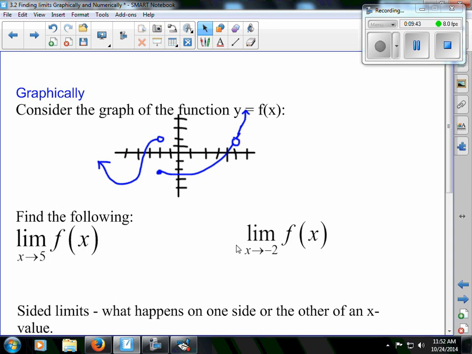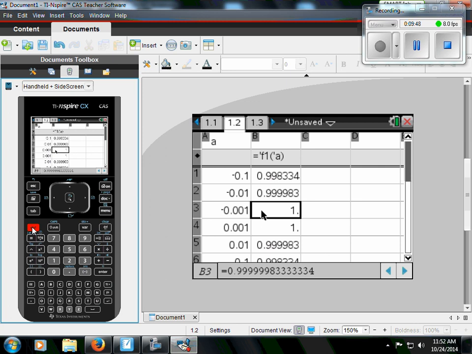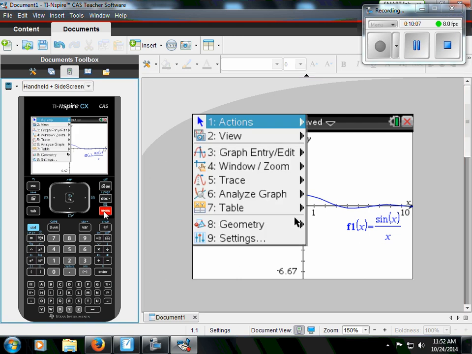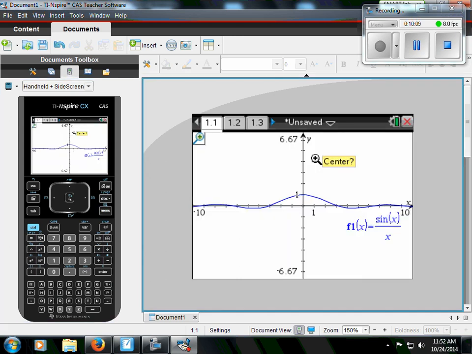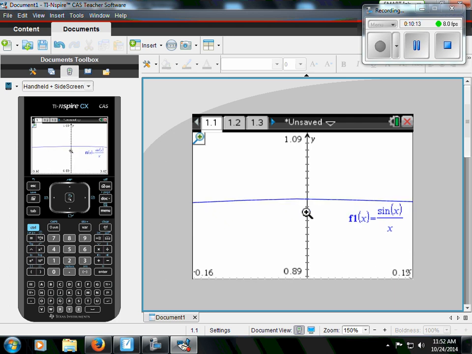Okay, notice, just going really quickly back to my calculator, the sine of x over x, if you look at this graph, it doesn't look like there's a problem at x equals 0. There is a problem at x equals 0, but it just looks like the y value would be 1. If we zoom in, however, right at this point, well, maybe it's not going to do it.